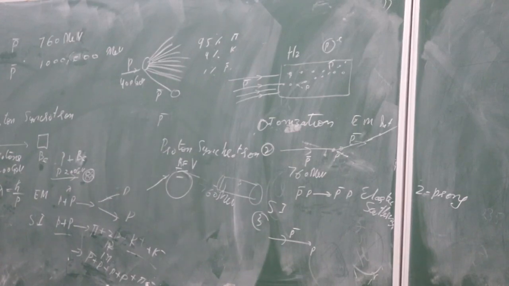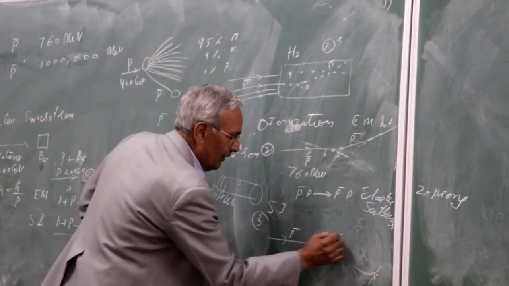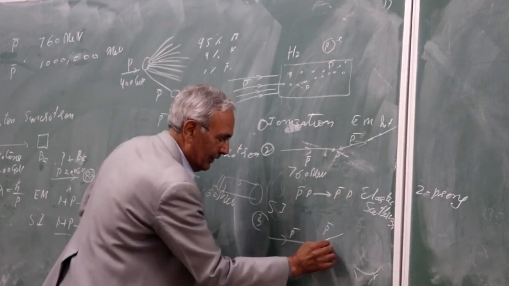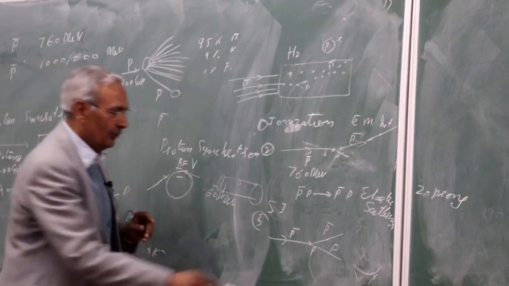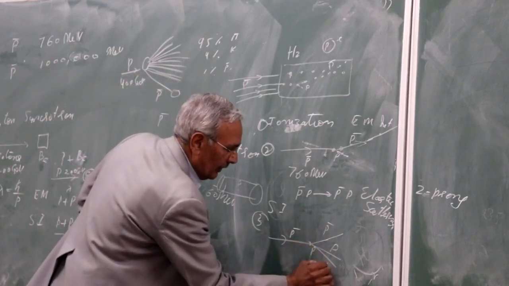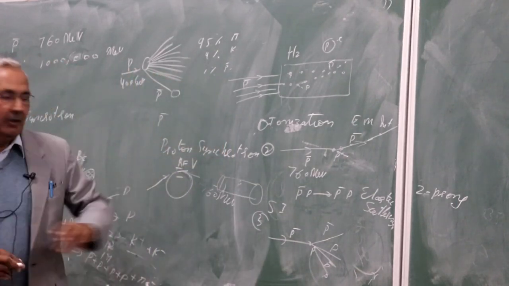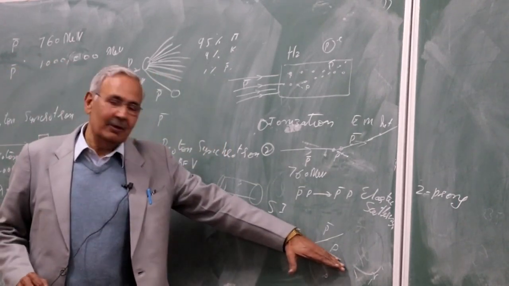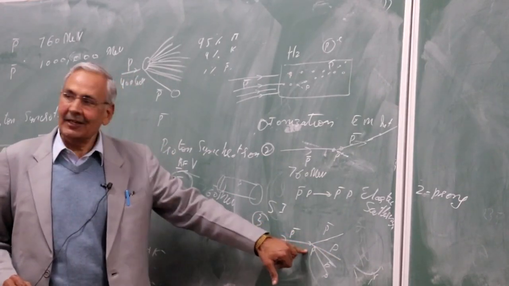Okay. Now for the conservation law, if you have shown, you will have this, we have already done. Antiproton, proton. Can you create one antiproton, another antiproton? So you have two initial state particles, incoming and target.